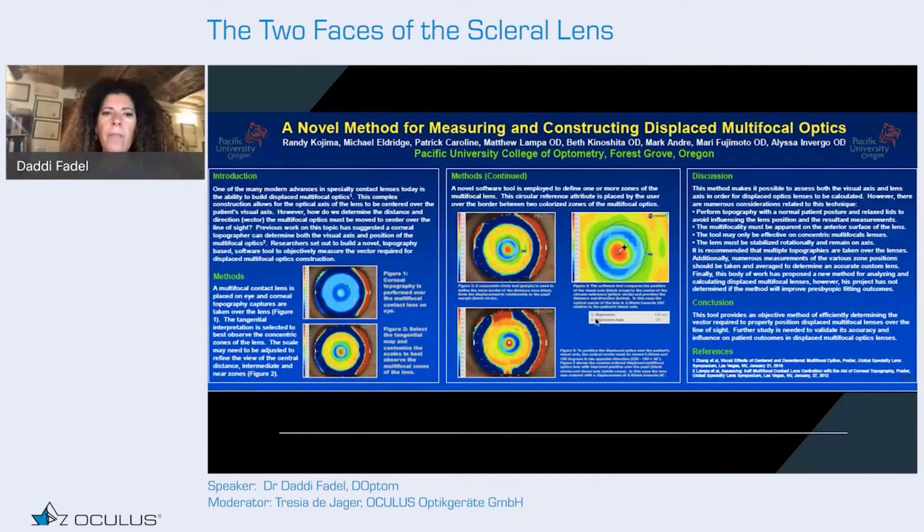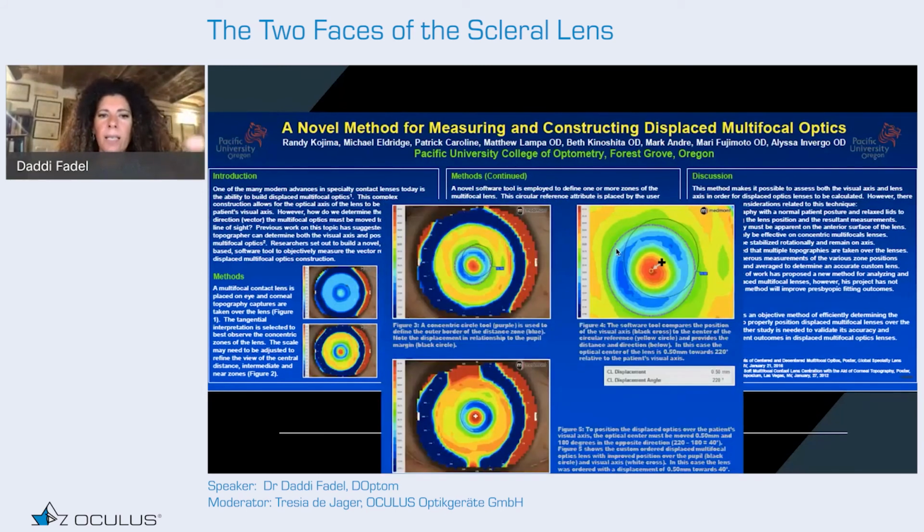Here, the software tool compares the concentric circle tool that defines the outer border of the distance zone with the pupil margin, and calculates the distance in millimeters and the direction in angle of the optical center of the lens.